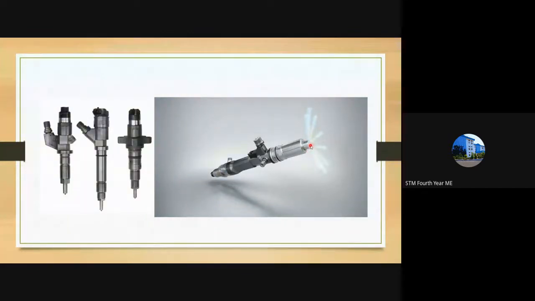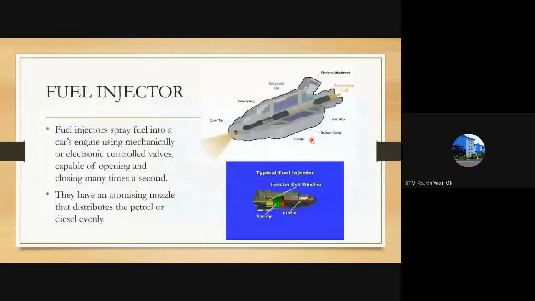In conventional injectors there is only one hole, but in modern days we are providing multiple holes, which provides better mixing of fuel with the air. So that is the function of providing more holes. So this is how the injector looks. These are schematic diagrams of the injector.